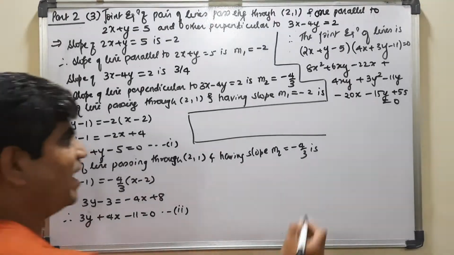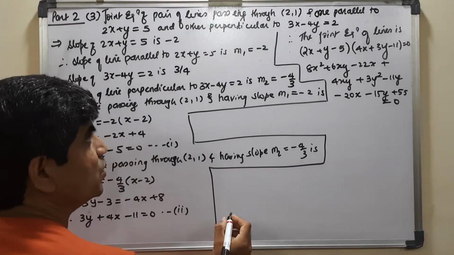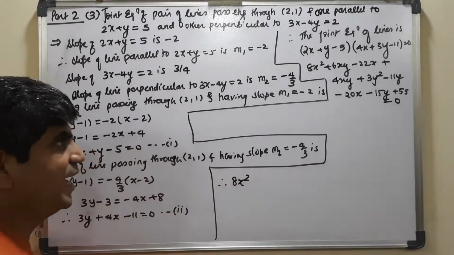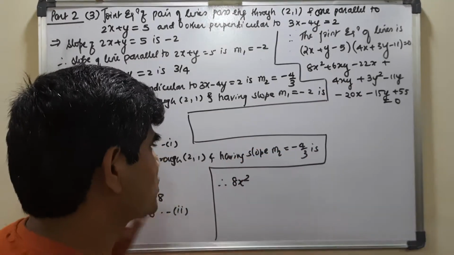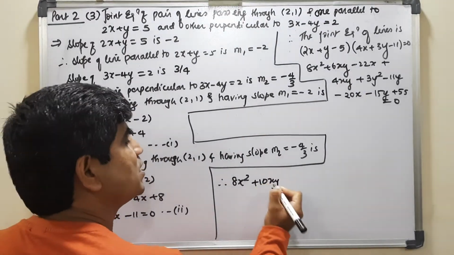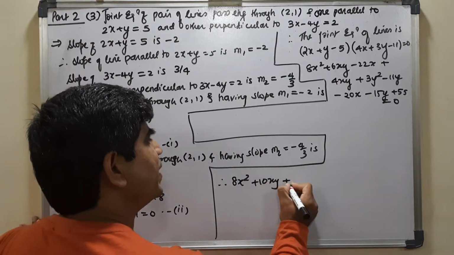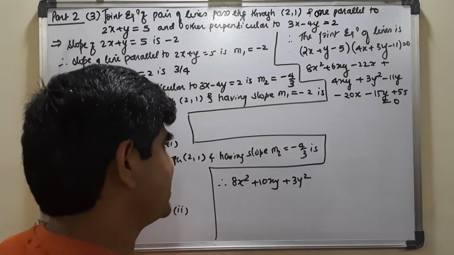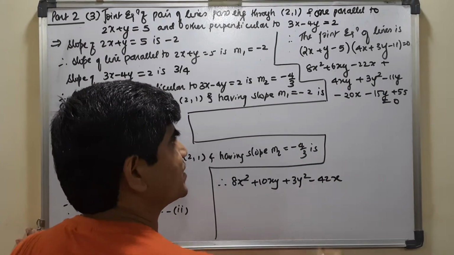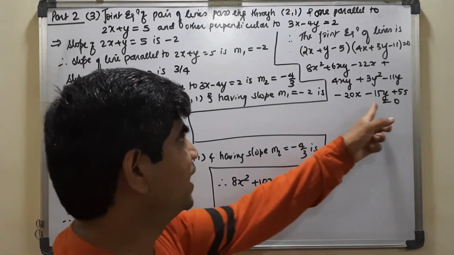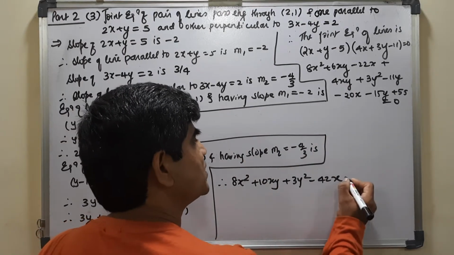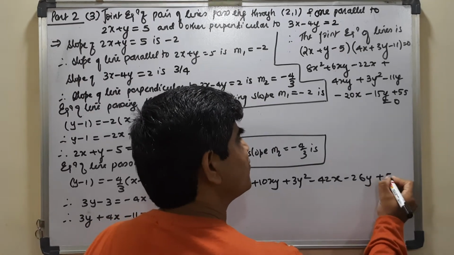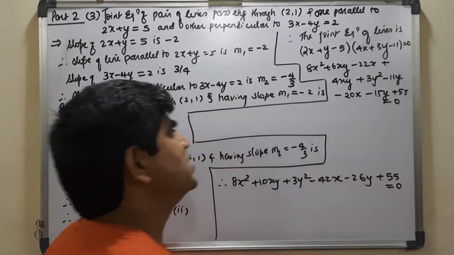So the final result is 8x square, then 6xy plus 4xy, that is 10xy, then y square plus 3y square, that is 4y square, then x: minus 22 and minus 20, that is minus 42x, then y: minus 11 minus 15, that is minus 26y, and I remain with plus 55 equal to 0.